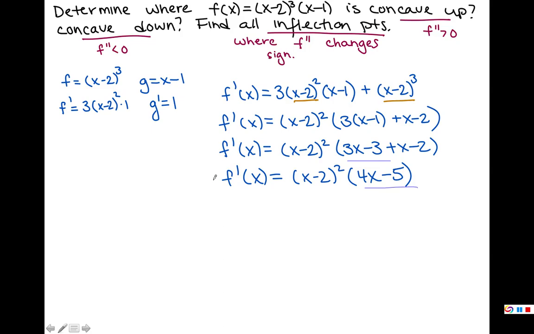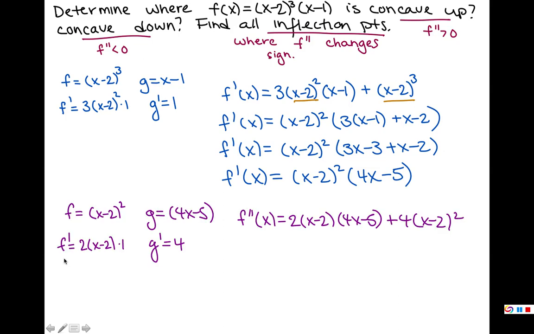So I think we're ready to find our second derivative. We're going to use the product rule again. This time the f is (x − 2)². The g is 4x − 5. So f prime, technically I'm using the chain rule.